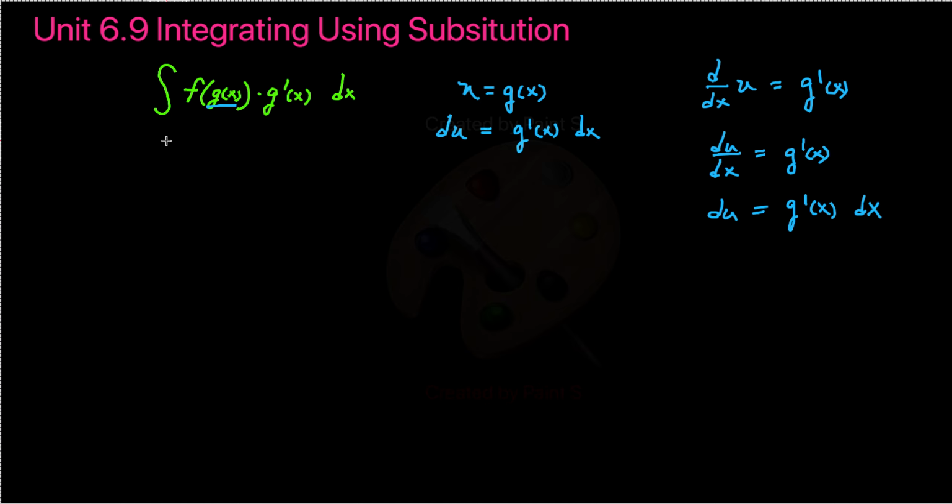So now I could rewrite this antiderivative as f of just u, because instead of writing g of x, I'm going to write u, times, or not even times anymore, because what is g prime of x dx? Well, g prime of x dx is just du. And now you've simplified your antiderivative. You've made it so it's just now find the antiderivative of f of u du. And that is going to be much easier.